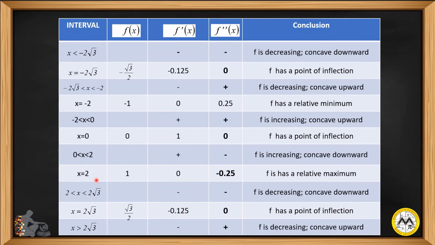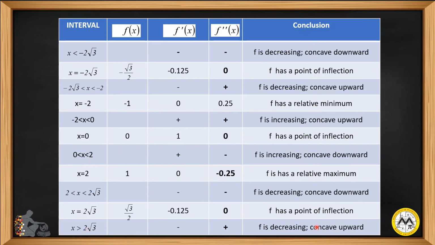And again, if you work on intervals of x values representing points to the left or to the right of a critical point and a point of inflection, you will be able to come up with these intervals, and then you can easily verify f prime and f double prime values for these, coming up with these conclusions.